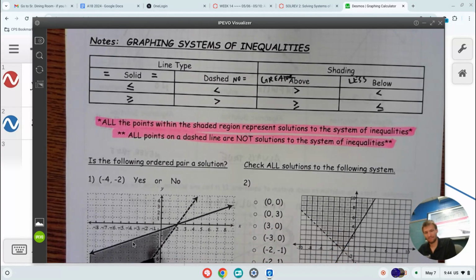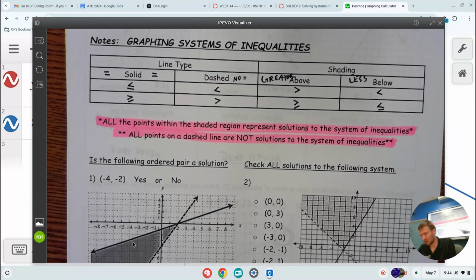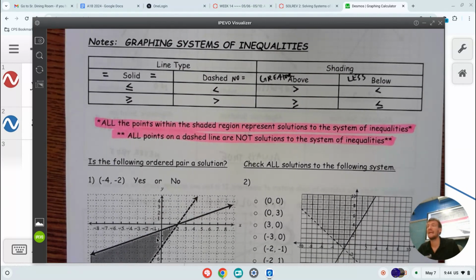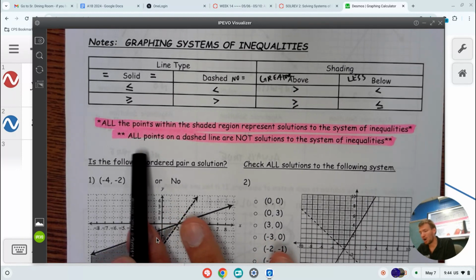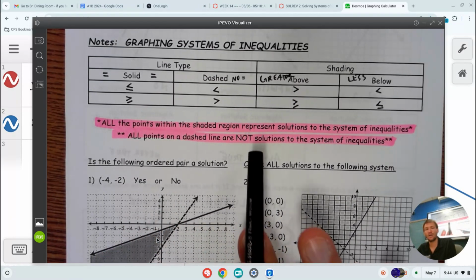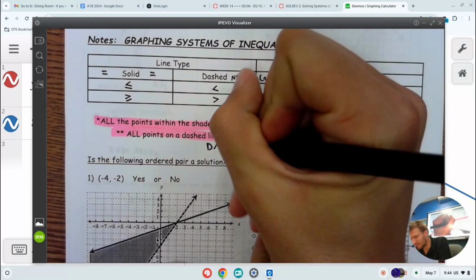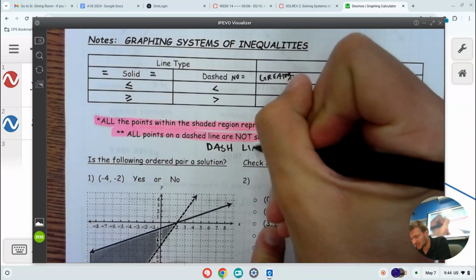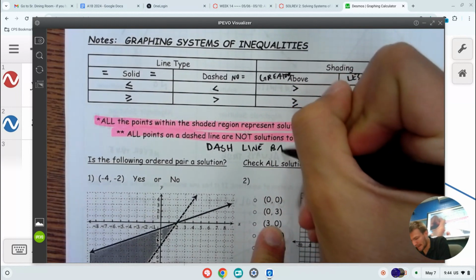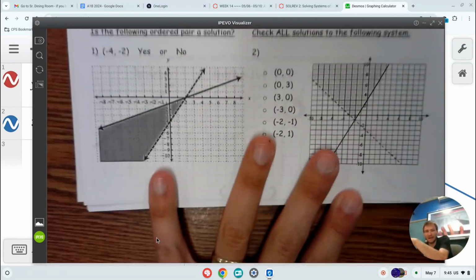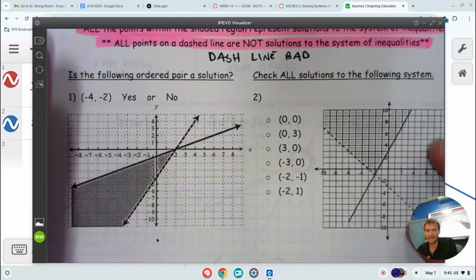So, for example, number 1, everything in this dark area is a solution. You don't have one solution, you have an infinite number of solutions. Now, the bottom one says, all points on a dashed line are not solutions. So remember, I used to write when we did our notes here, dash line bad. Dash line bad.